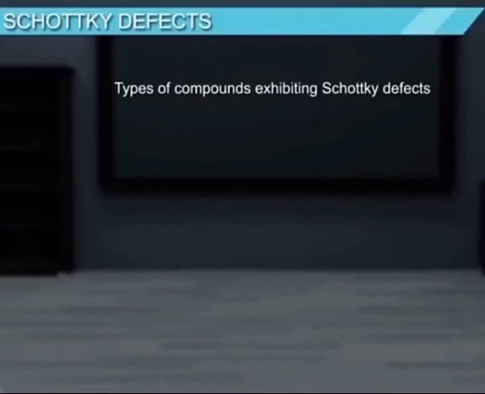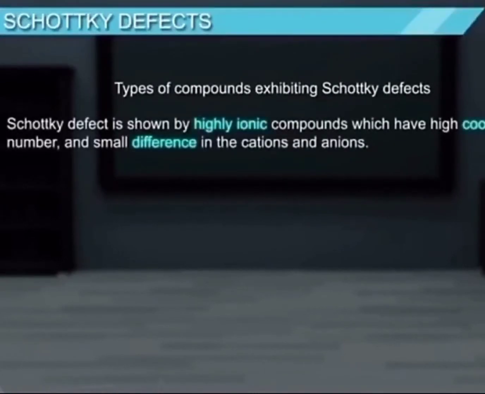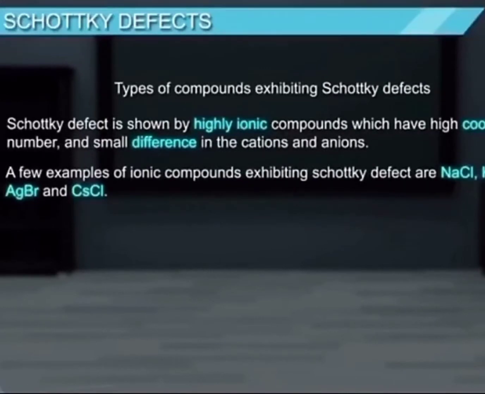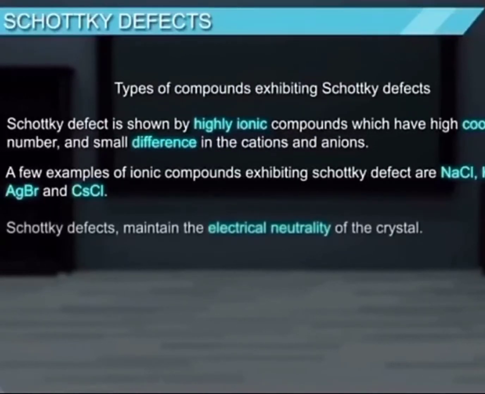Presence of large number of Schottky defects decreases the density of the solid. The number of such defects in ionic solid is quite significant. For example, NaCl, KCl, AgBr, CsCl, etc. show Schottky defect.